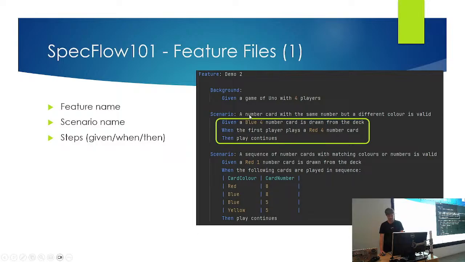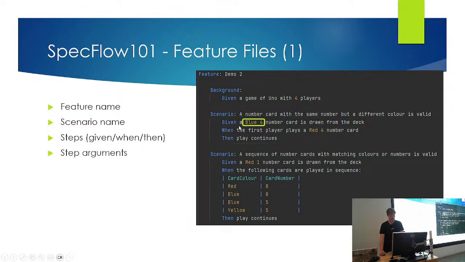And we have a number of steps, normally given, when, then. It doesn't have to be in that order, it's not strict. You could have a given followed by a when, followed by another given, followed by a then, or something like that. But obviously, normally that is the natural flow that you want to do things.